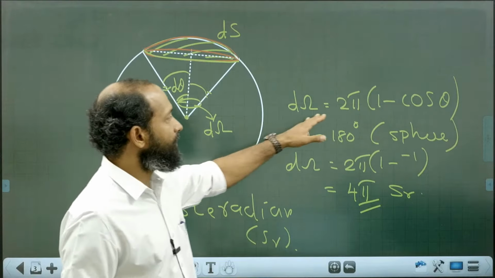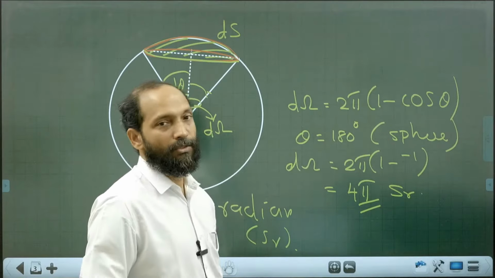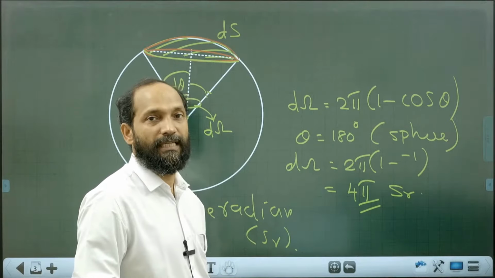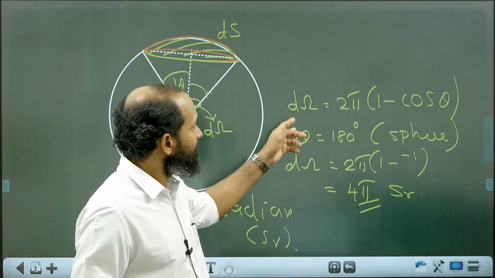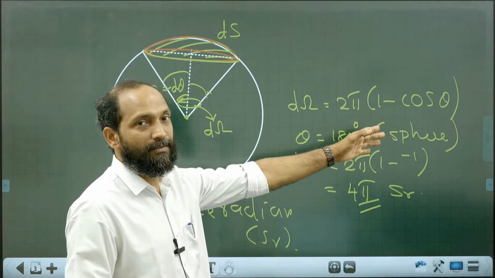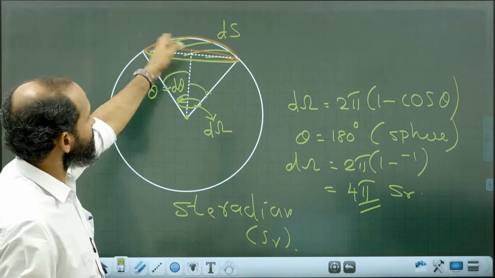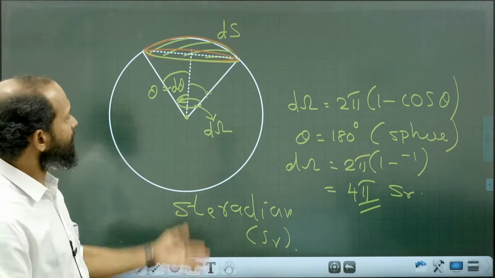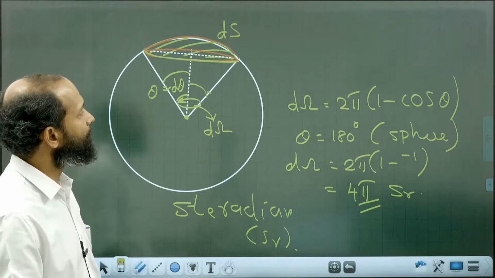d omega equals 2 pi into 1 minus cos theta. In the 2019 mains paper, a question was asked regarding the surface area of the spherical cap. The surface area of the spherical cap can be easily found.